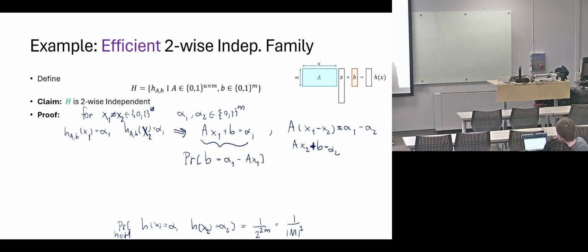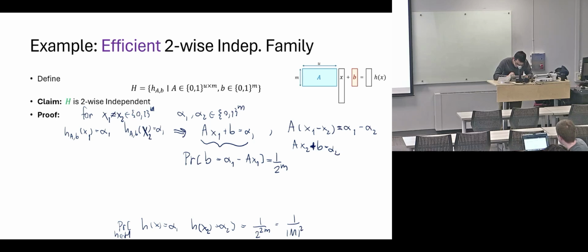For each bit of B to equal the corresponding bit of this thing, each bit agrees with probability 1 over 2, because each entry of B is just random. This part is independent from B. And for this to be equal, this event must happen m times. So this is just 1/2 to the m.